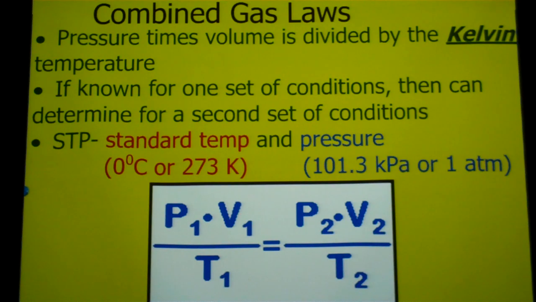Since we don't use Celsius in gas laws, only consider STP as 273 Kelvin for gas laws. For pressure, you can use either kilopascals, which is kPa, the value is 101.3 kilopascals, or you can use 1 atmosphere, which is ATM. Either pressure unit is okay as long as both pressure units are the same.